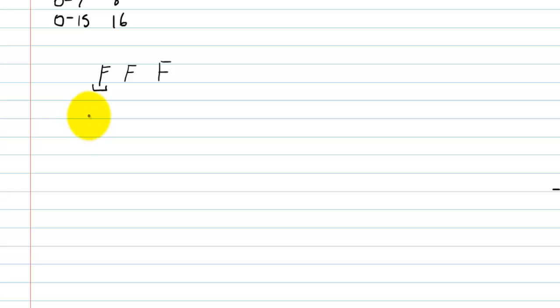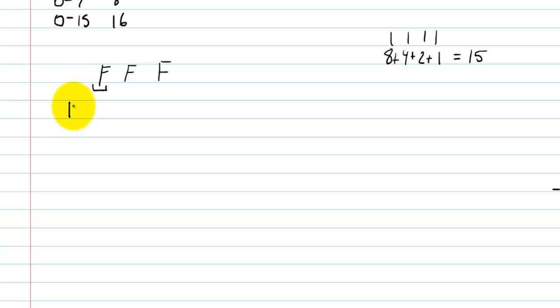So if we wanted to make 15 in binary, we'd say 1, which is a value of 1. You'd put another 1, which is plus 2, 1 more, which gives you plus 4, and 1 more, which gives you plus 8. And 8 plus 4 plus 2 plus 1 is equal to 15. So 1, 1, 1, 1 represents 15.